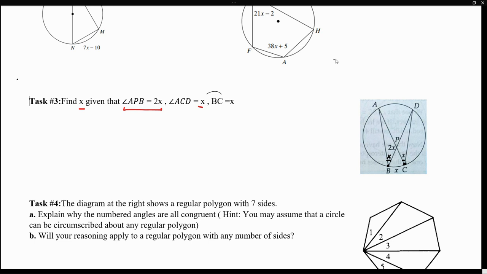Now think about the relationship between an inscribed angle and the arc. Since we know that the value for this inscribed angle is x, the arc should be double that measurement. So we can represent this arc as 2x.